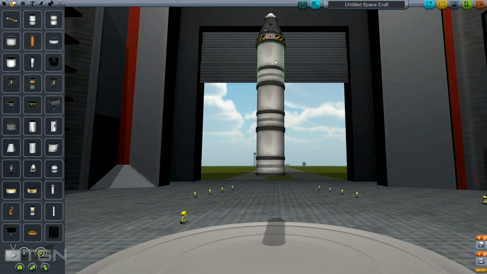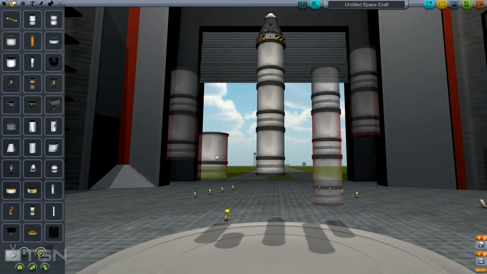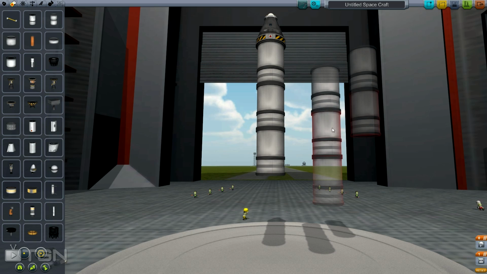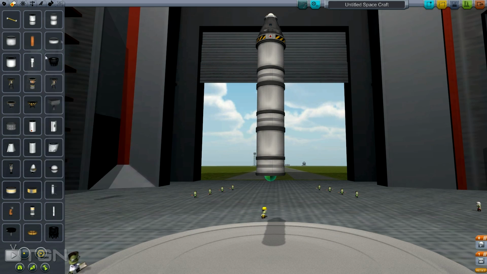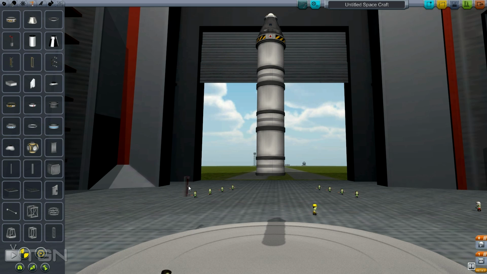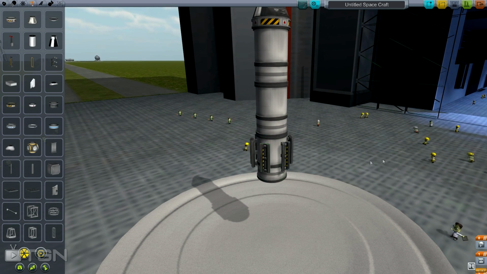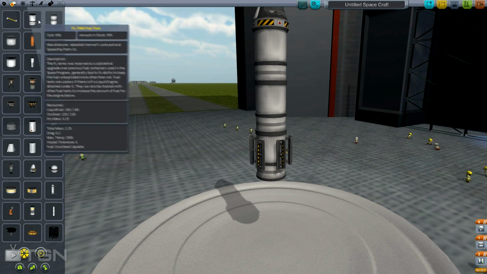You copy by holding Alt and clicking, and that'll copy sections of your ship, whatever you have selected. So that it makes it easier instead of going bam, bam, bam. All right. Next off, we need our stack decouplers in 6 symmetry mode. Hitting X to go into the symmetry mode, and we just stick them on there. Fuel tanks.